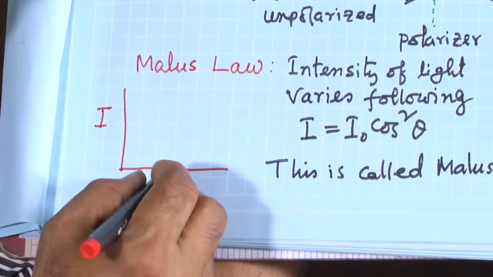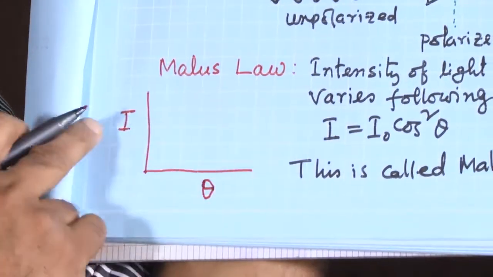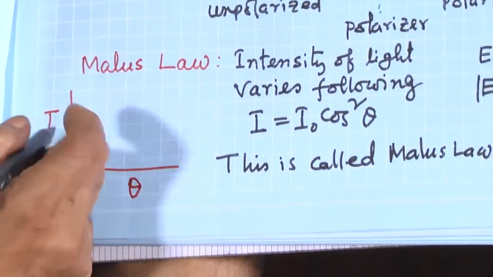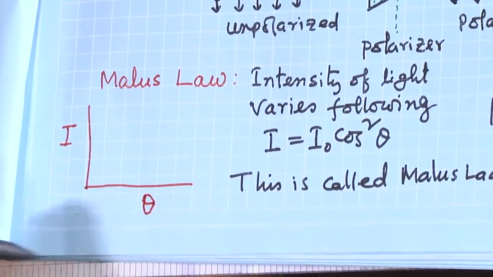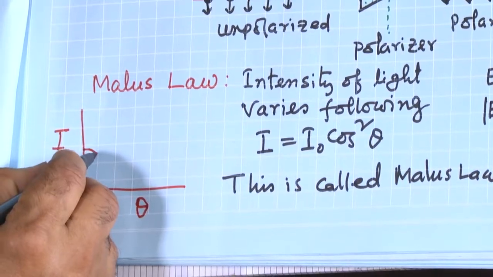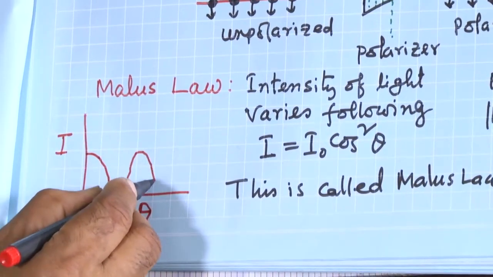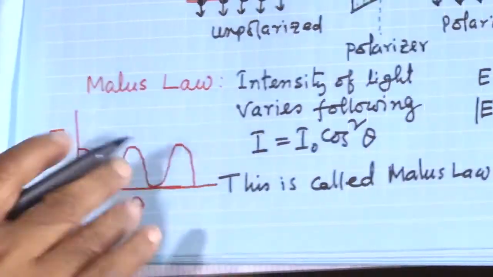If I plot I versus theta as I change the angle, cos square theta will change like this.